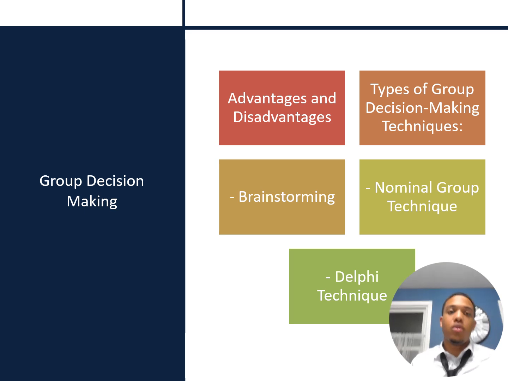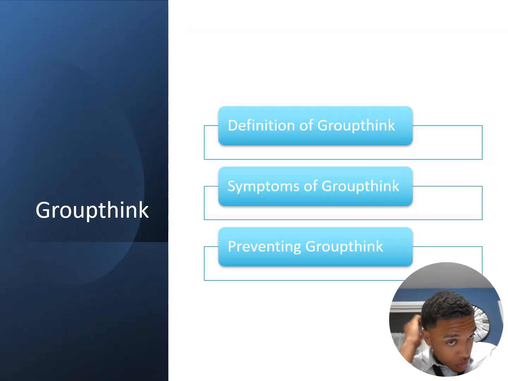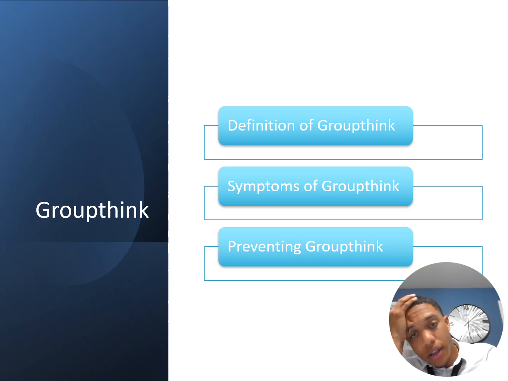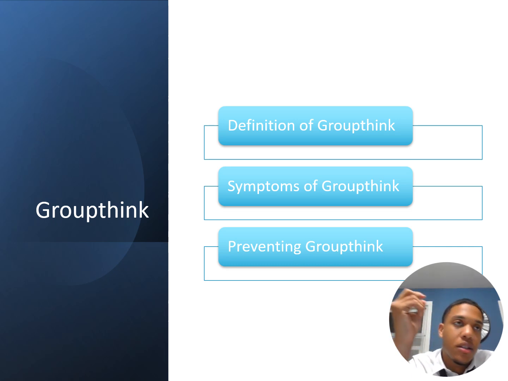Moving on to groupthink. So back on groupthink, we discussed this in the last presentation. But basically, it can occur in group decision making, leading to poor outcomes.